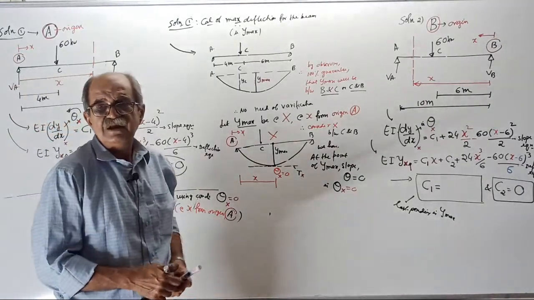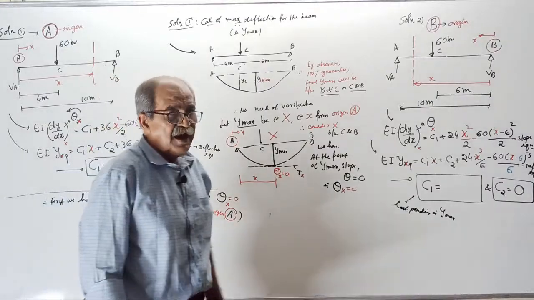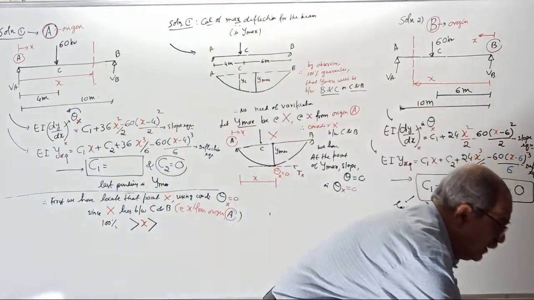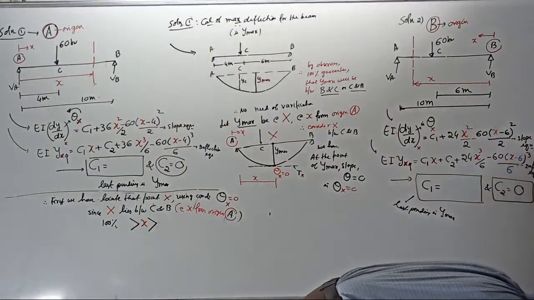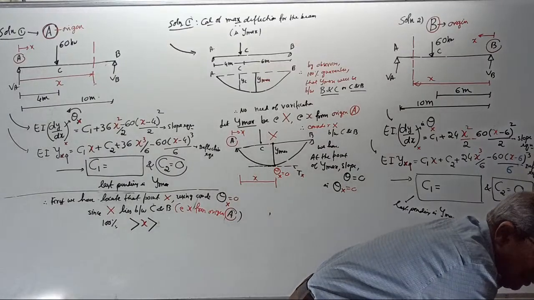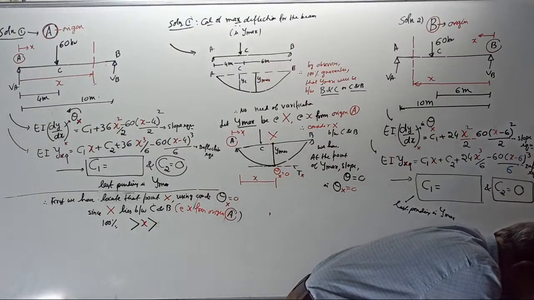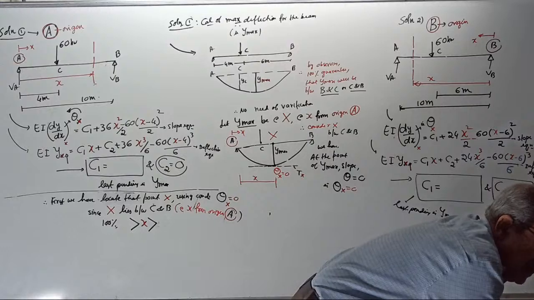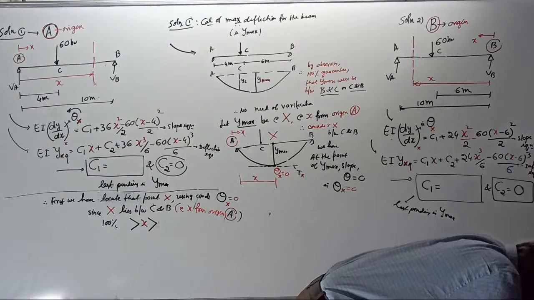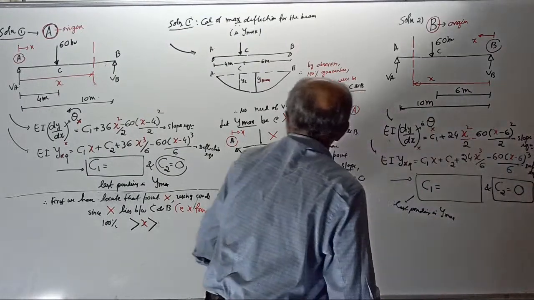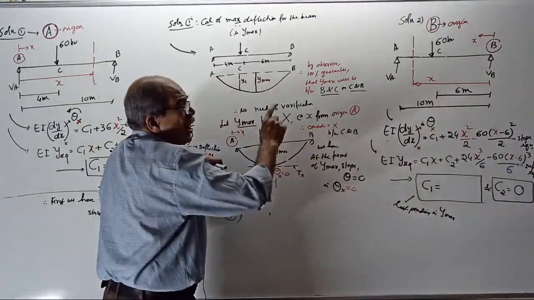It is very important. Tell the two values. First tell me more than how much and less than how much. From origin A, it has to go beyond C. It cannot go up to B.